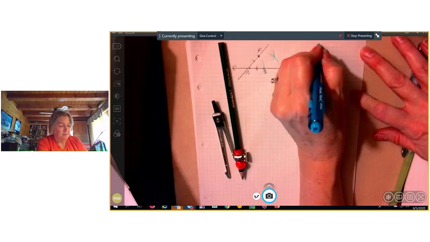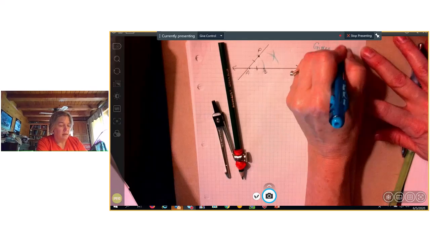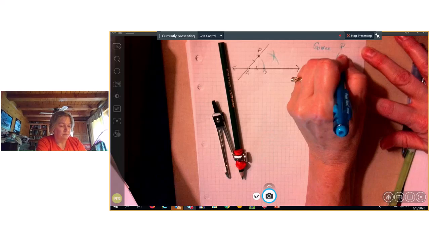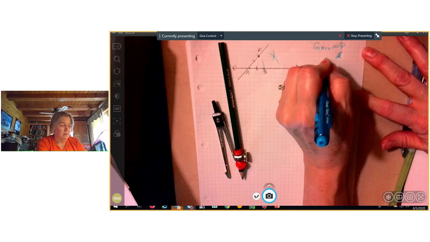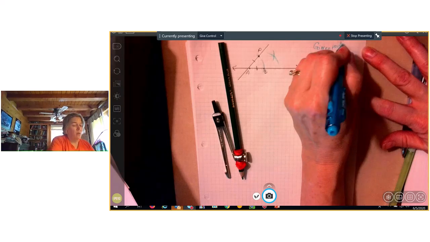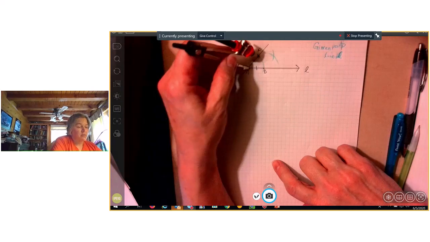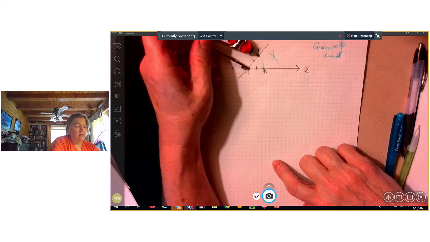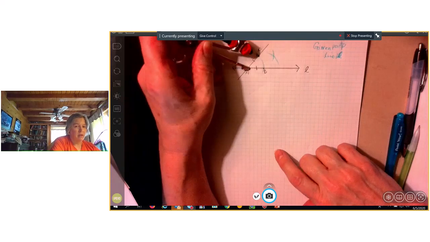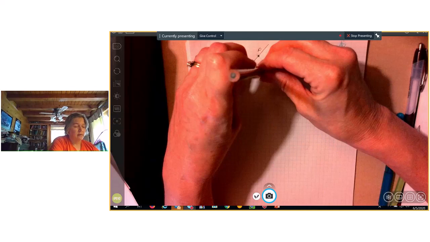I was given point P and line L, and I want to draw another parallel line through point P. So I just picked a point on my given line, measured it to point P, and then with that measurement, I just drew an arc down to my line.